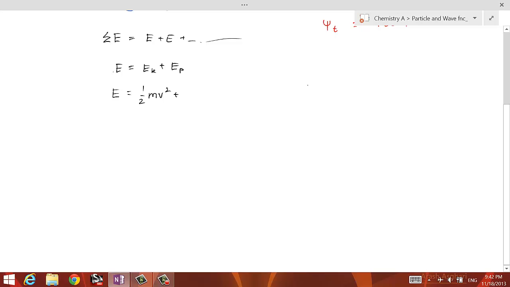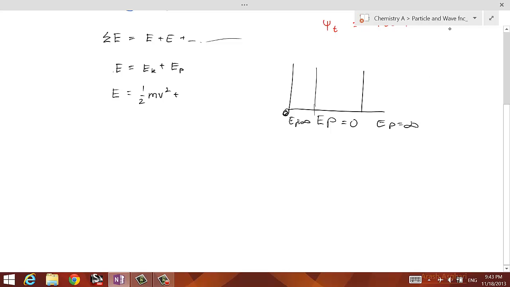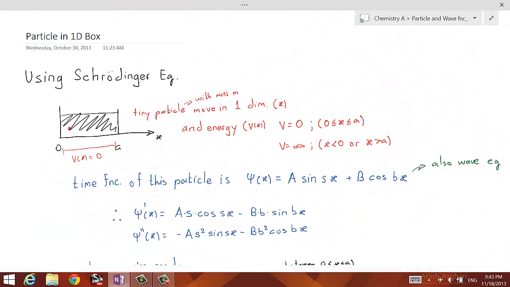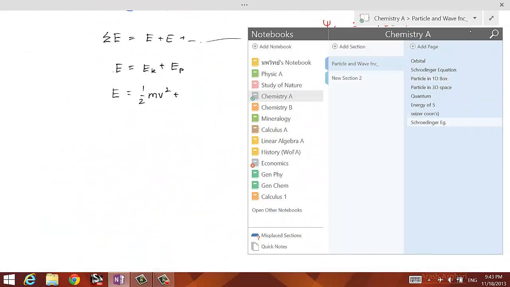In the one-dimensional box, you say that this zone has a potential energy of 0, and the walls have EP of infinity, for a particle in a one-dimensional box.